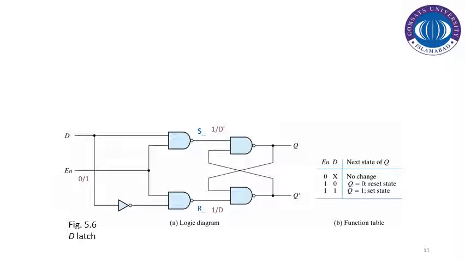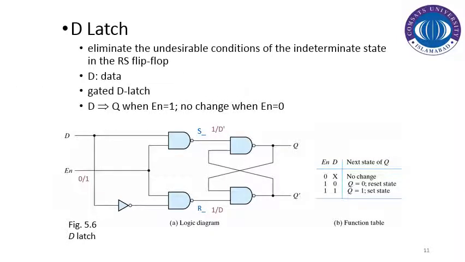So how to achieve that? The D latch is also similar to the gated SR latch. There is not as much difference as far as the functionality and the operation are concerned. What we are doing is using this NOT gate in order to ensure that whatever inputs are applied at the first NAND gate and the second NAND gate are always complements of each other.